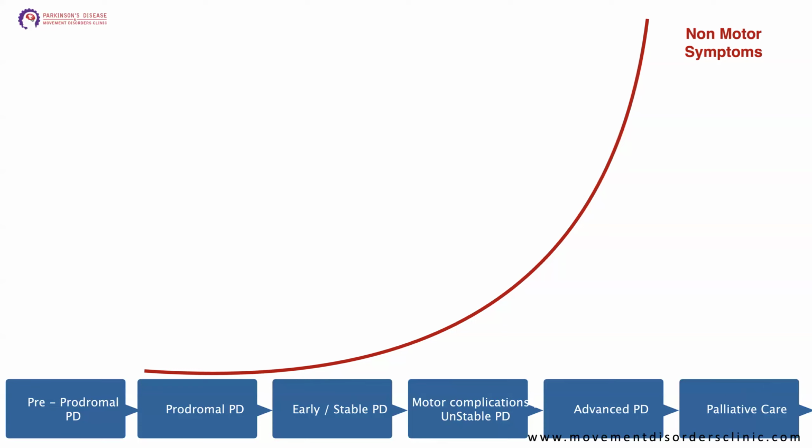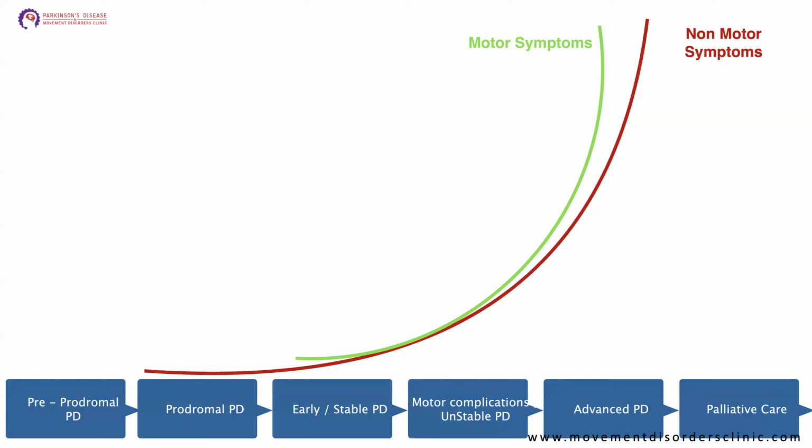These are non-motor symptoms, and they may appear in the prodromal phase. Then people will develop motor symptoms. This is the phase we call early stable Parkinson disease. When these symptoms develop, that is when the diagnosis of Parkinson disease comes to mind.